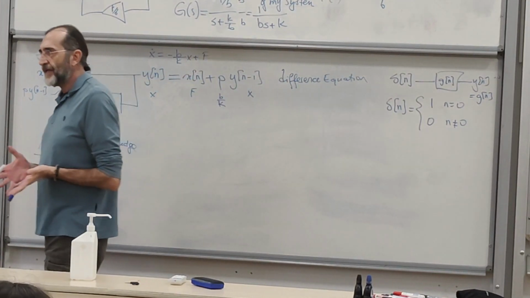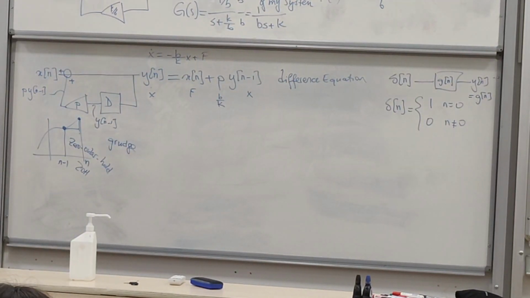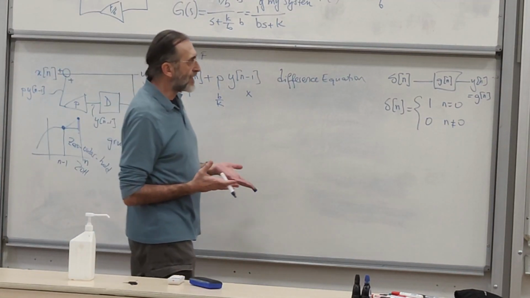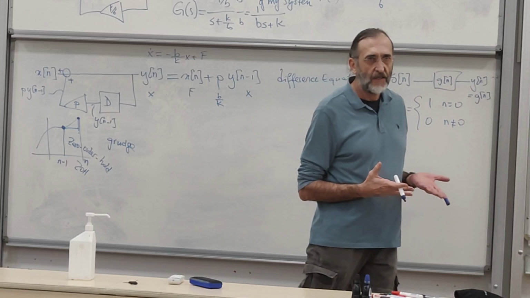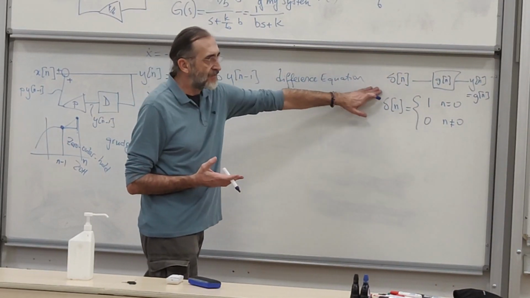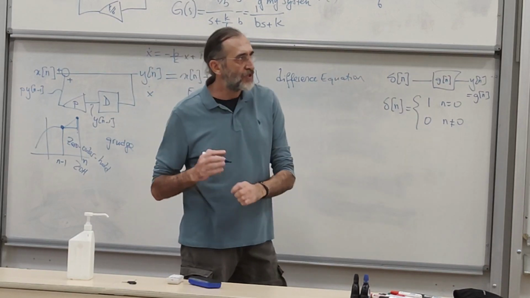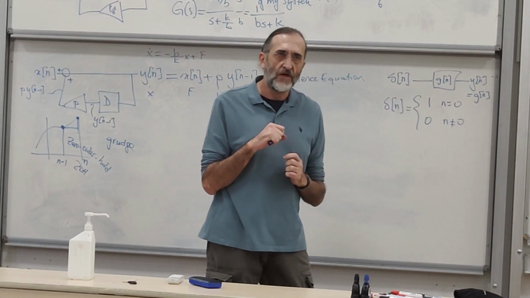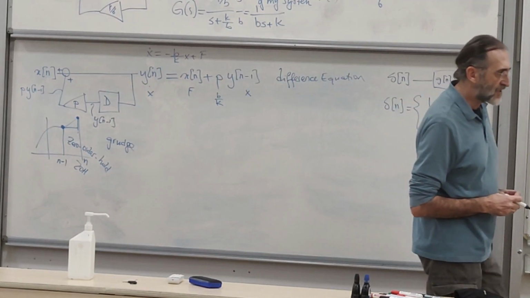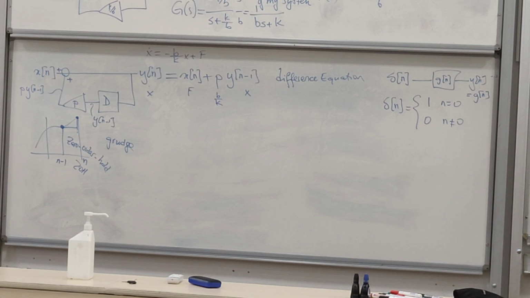The best way to find out the character of a system is to put it under stress. And what is better than delta as a stress? You just give it a punch, 0 time, huge punch, and see what it does. Kick it in the butt, and then see what it does.